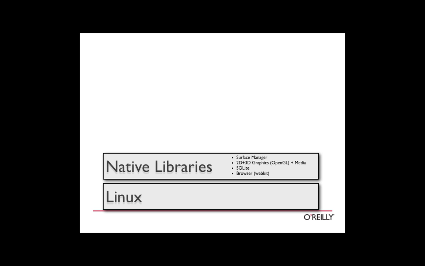Those are the bridges between your code and the needs of the device that it's running on. There's a few things there, some libraries for doing 2D or 3D graphics, SQLite for some local database storage, the WebKit browser, things like that are in the native library category.